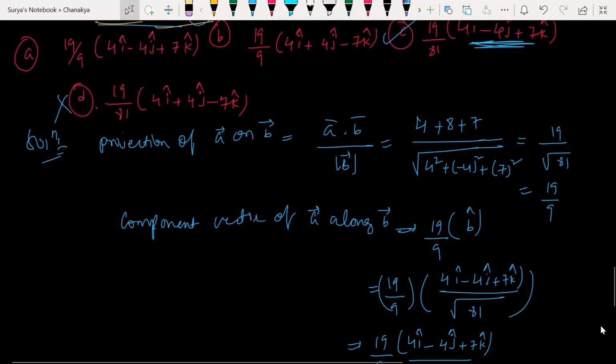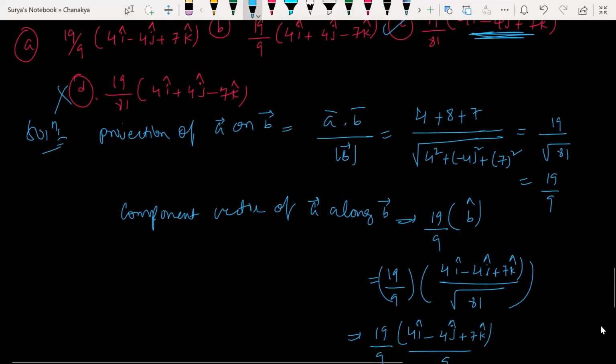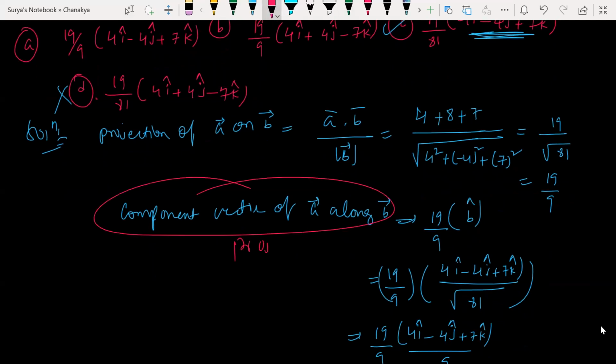Guys, whatever I wrote here, what is this number? Projection into B cap. That is what I have done. Whatever projection I got here, that into B cap.